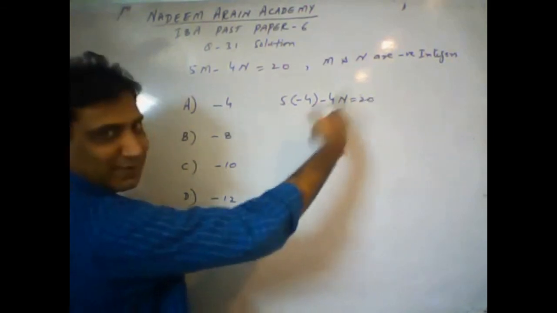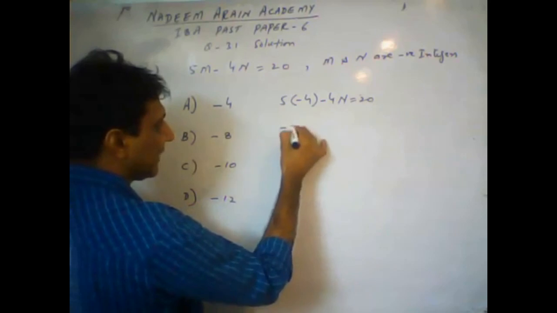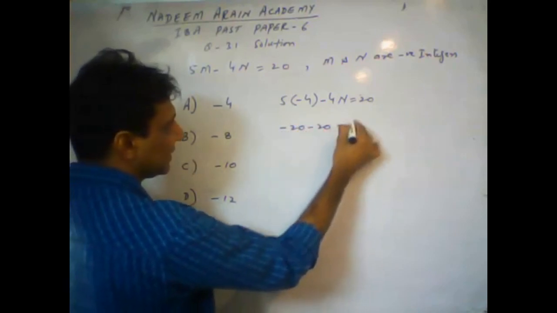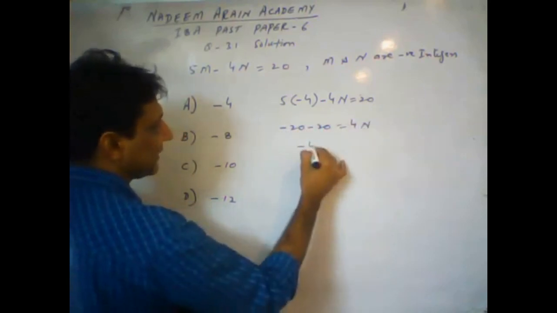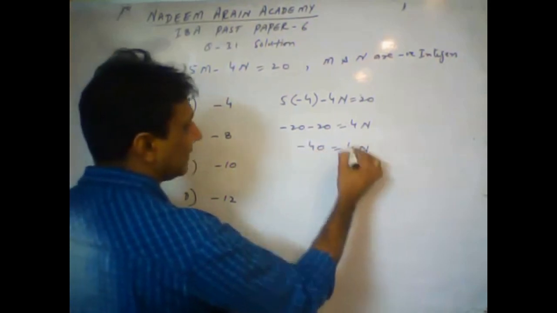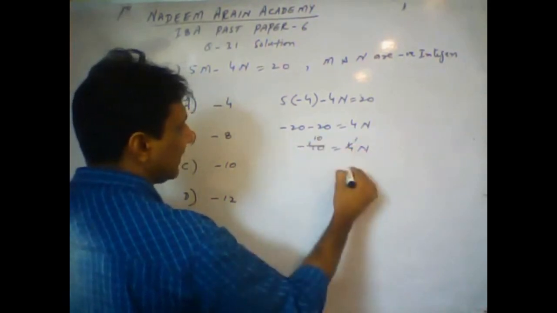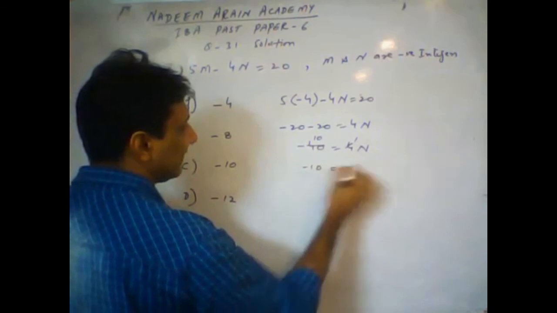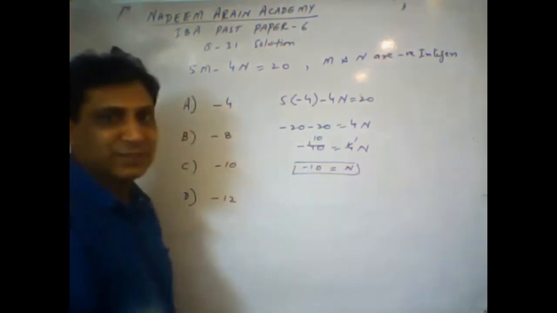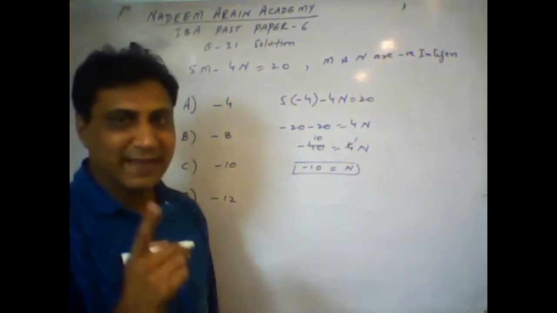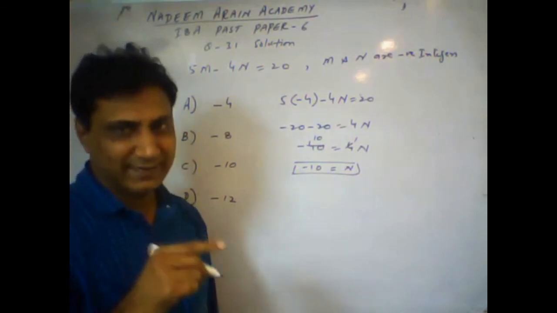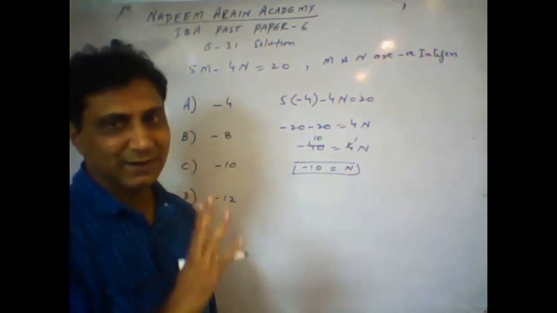Bring that minus 4n there and bring the 20 here. That will be minus 20 is equal to 4n. This is minus 40 is equal to 4n, so n is minus 10. N is a negative integer. So we have to see when n is not a negative integer. So A is not our answer.